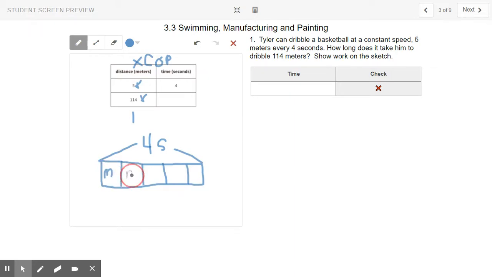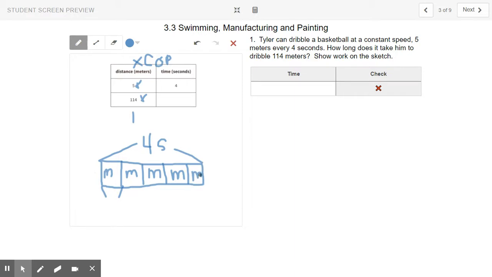And remember what I said, we're going to figure out what the COP is, or the constant of proportionality. And the constant of proportionality is this unit rate here. How long does it take him to travel for one of these meters? So we're basically trying to figure out how many seconds this much is if this whole entire thing is worth 4 seconds. So you might already see the division problem here.